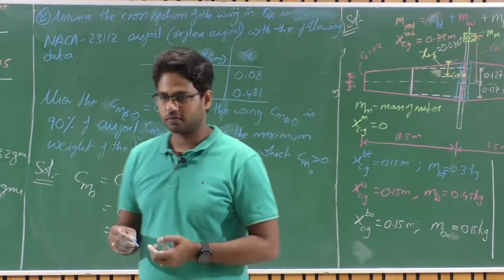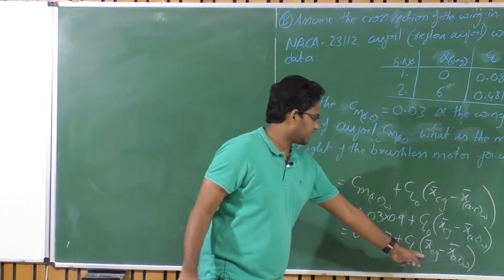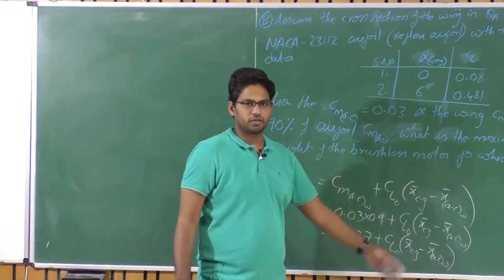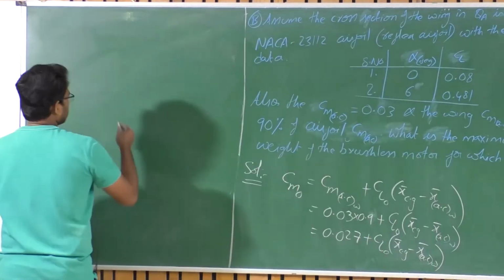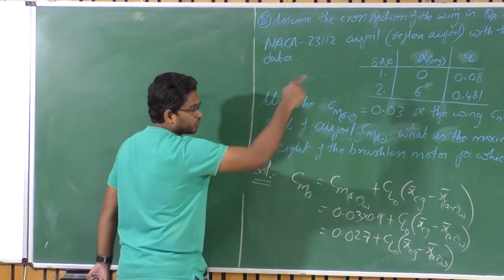So figure out what should be the maximum weight of the motor. Let us find out the CG location with respect to the root chord itself, and then we'll try to shift it. This equation is with respect to the root chord leading edge.